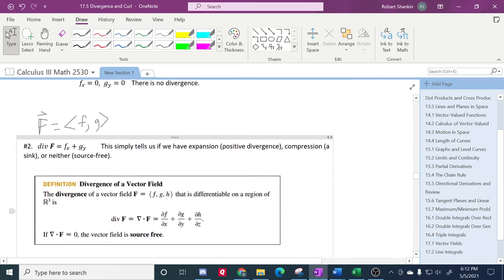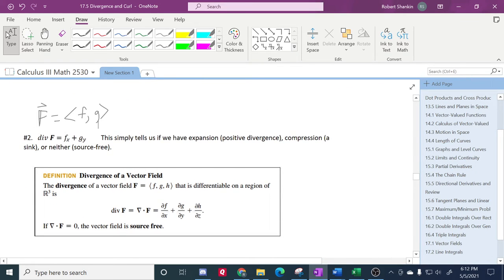And this is from the textbook, the divergence in 3-space of a vector field, little f, little g, little h, has, notice the shortcut notation that gets used for it. It has this del dot f. Now, the del, remember when we did del of phi?